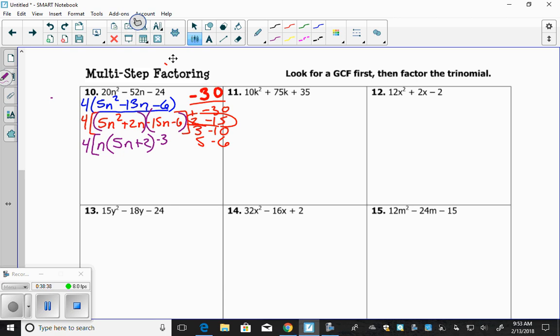Can 3 go into 6? Oh, and that should be a positive 2. Okay, I'm done with my brackets. So the answer is 5n plus 2 times n minus 3.